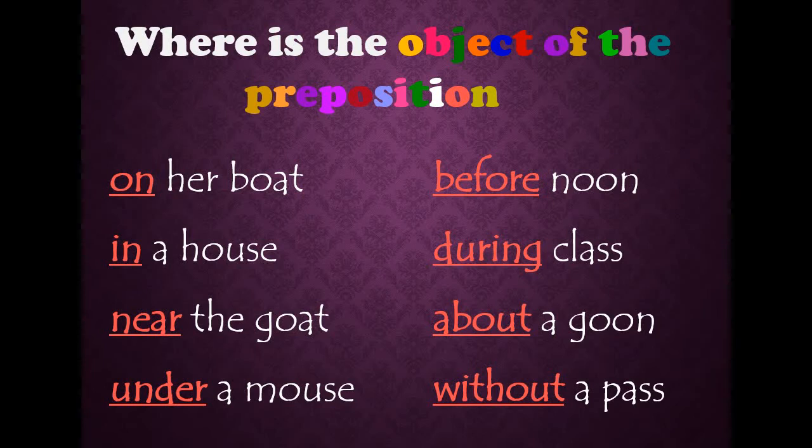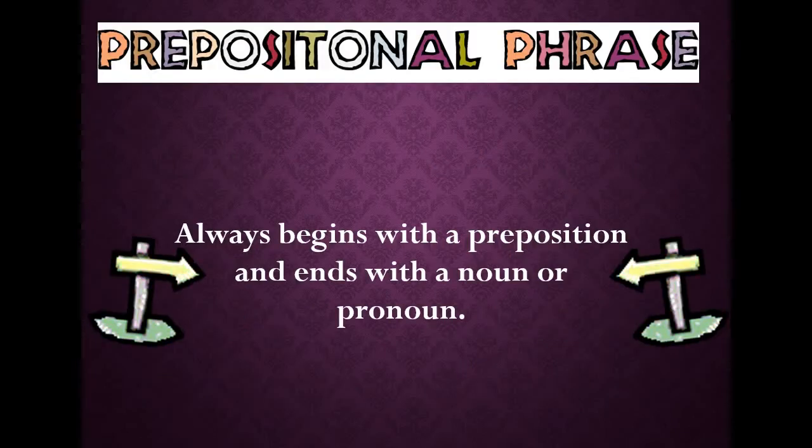Okay? So we have two parts: a preposition, an object, a preposition, an object, and so on. So, the two parts of the sentence for today's class are called preposition and object of a preposition.